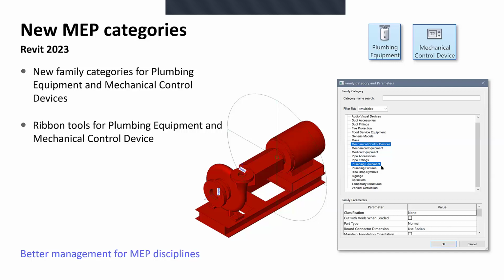The out-of-the-box families have been switched to these categories, but if you have families built and you want to switch them, you'll have to do that manually. There's also a couple new buttons on the Systems tab for those. Coincidentally, in 2022, about a dozen new categories were added to Revit, but none of them have a button.